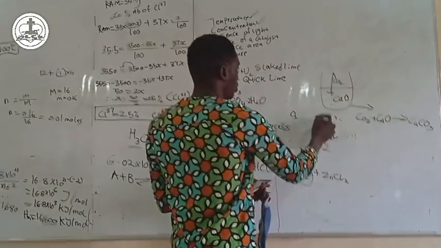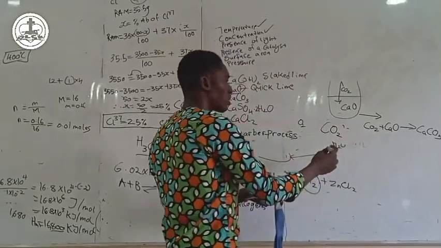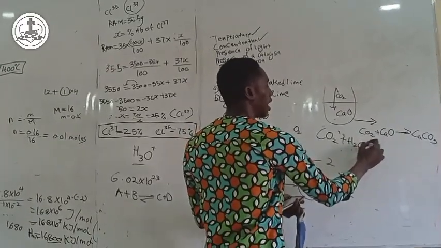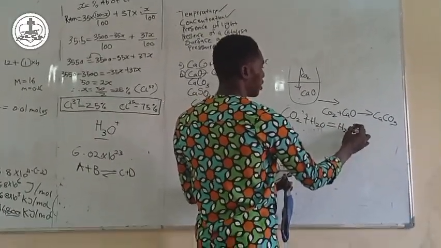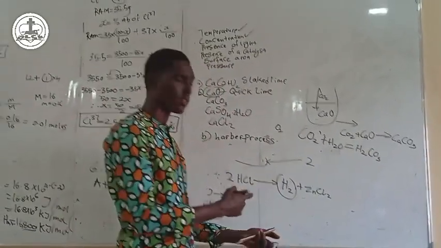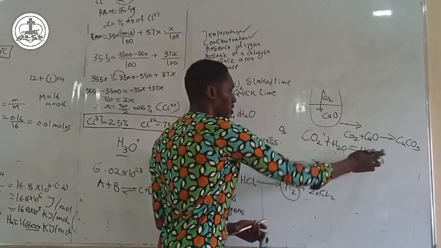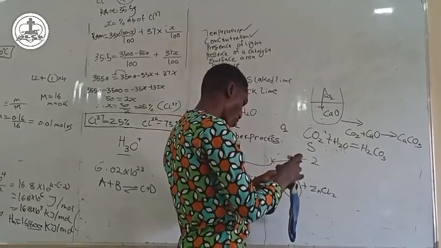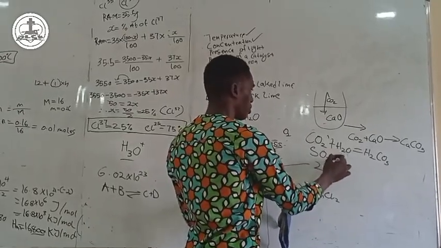Though carbon IV oxide dissolves in water to form an acid, it is a weak acid. It's not what causes acid rain. It is due to sulfur IV oxide, SO2.